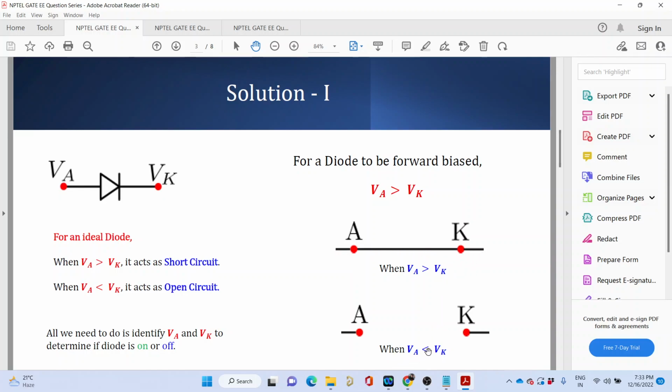When the anode voltage is less than VK, the cathode voltage, it acts as an open circuit. So to identify whether a diode is conducting or not, or when the output is clipped or not, we need to identify the voltages at the anode and cathode. This is our motive.